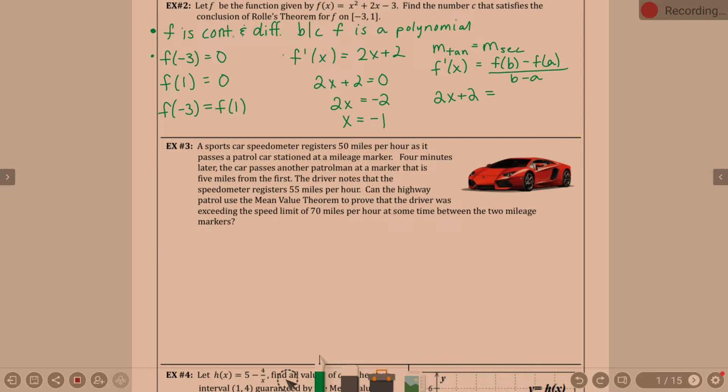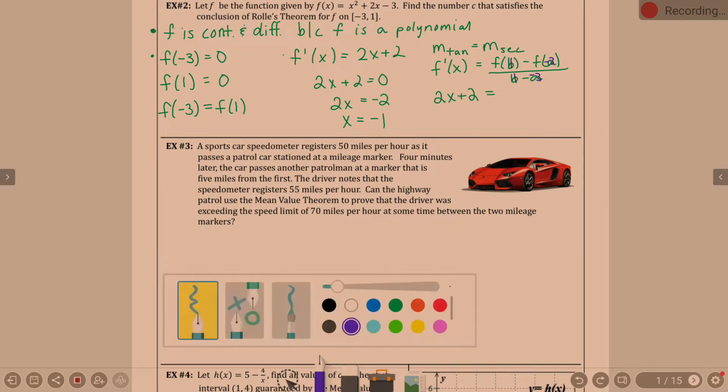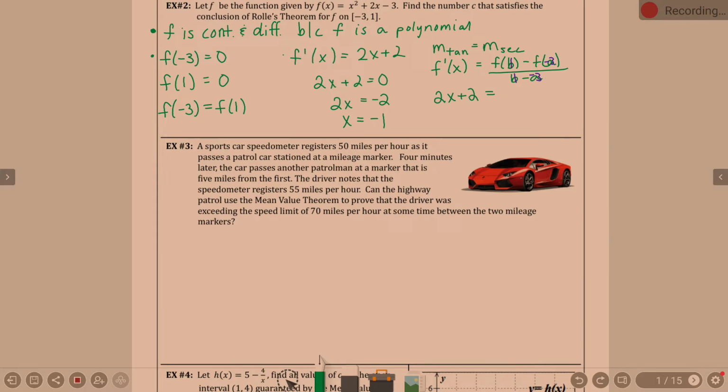Well, what are b and a actually? B and a really are 1 and negative 3, if you will. And so with that in mind, f of 1 is 0 minus f of negative 3, which is 0, over 1 minus negative 3.